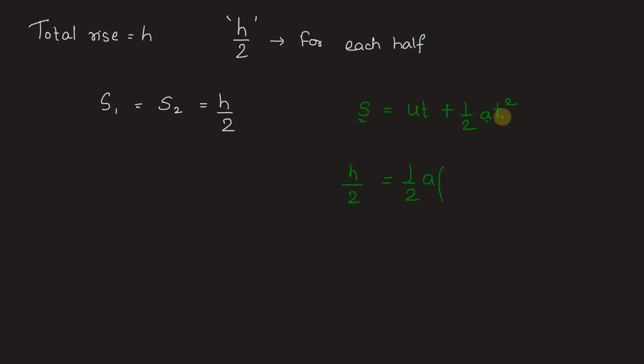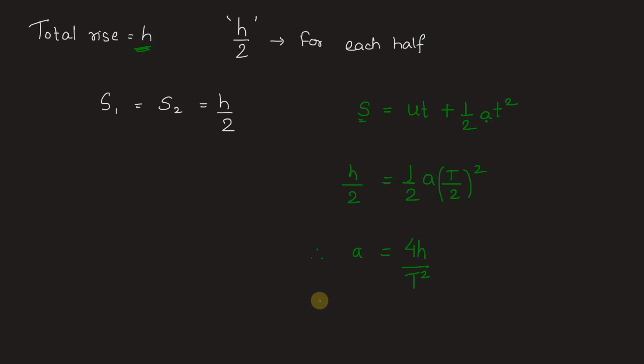So in place of t, we substitute capital T by 2 whole square, where capital T is the time taken for the complete rise h to take place. Therefore, we have a T square by 8 equal to h by 2. So, a will be 4h upon T square.